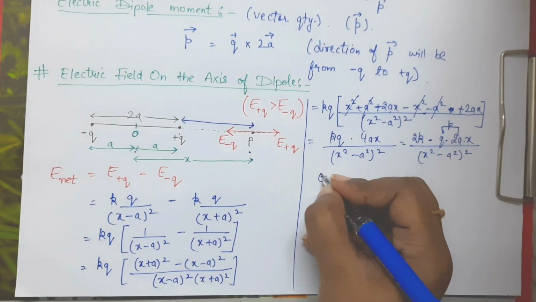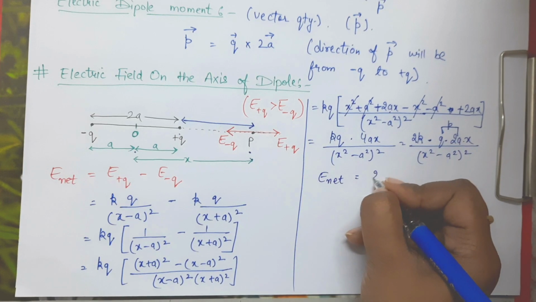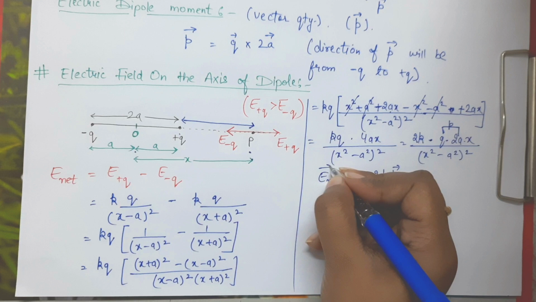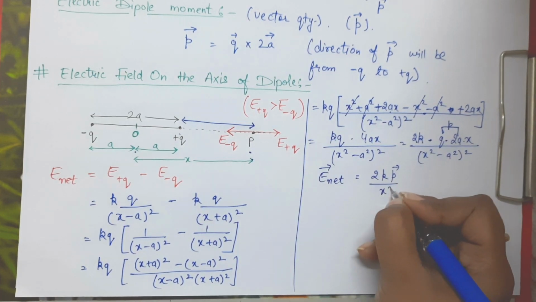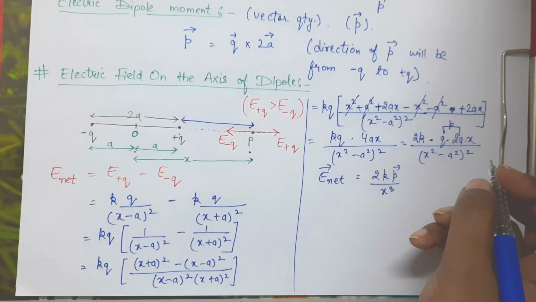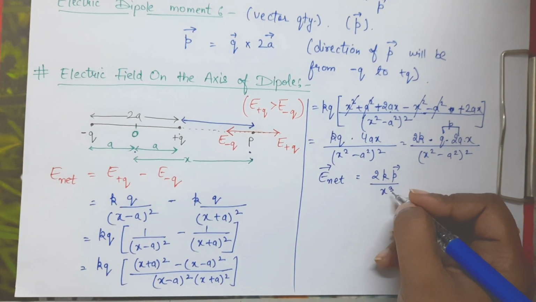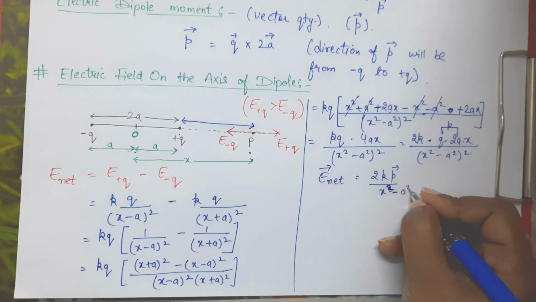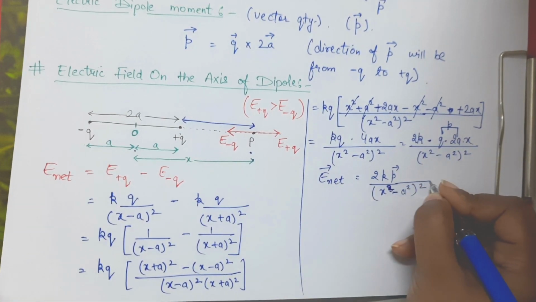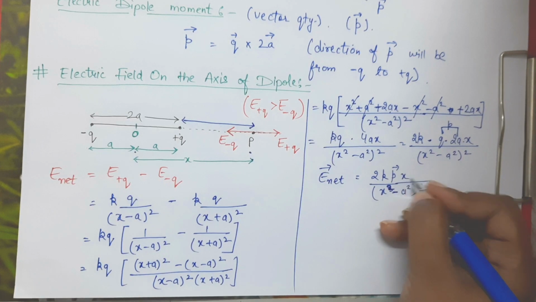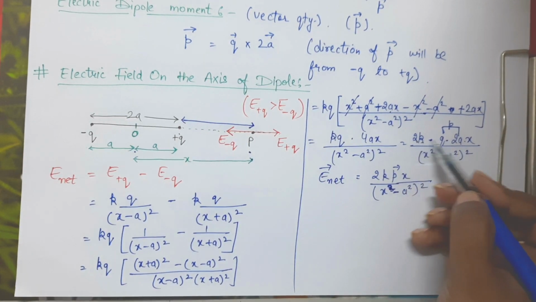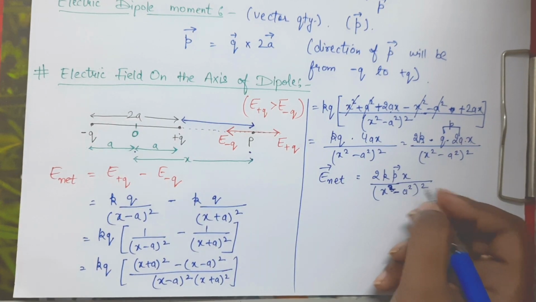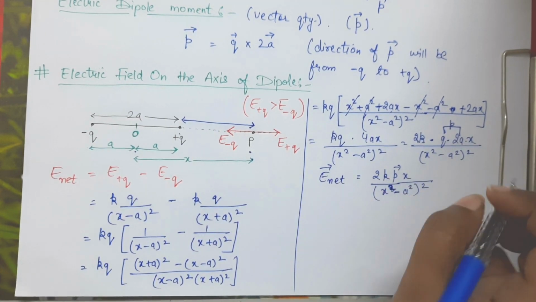So we will get E net is equal to 2kpx divided by x square minus a square whole square, right? Now this is the formula of E net.